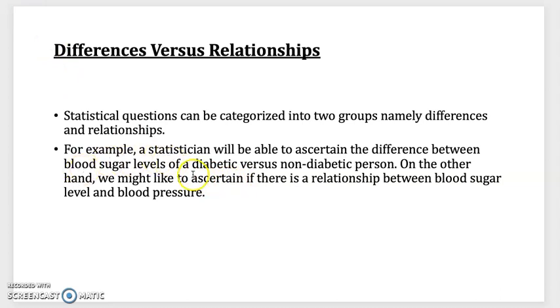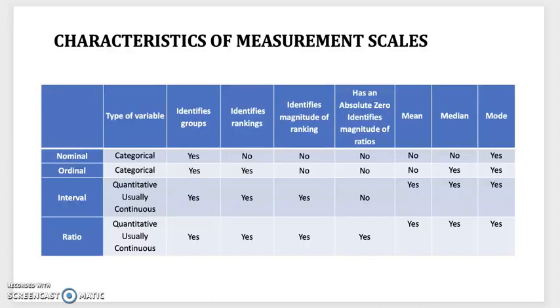After we know the target, those variables are the data we need to collect. When we collect the data, we have the characteristics of the measurement scales. Those measurement scales can be nominal, ordinal, interval, or ratio. Nominal is a categorical variable, and ordinal is also categorical data.